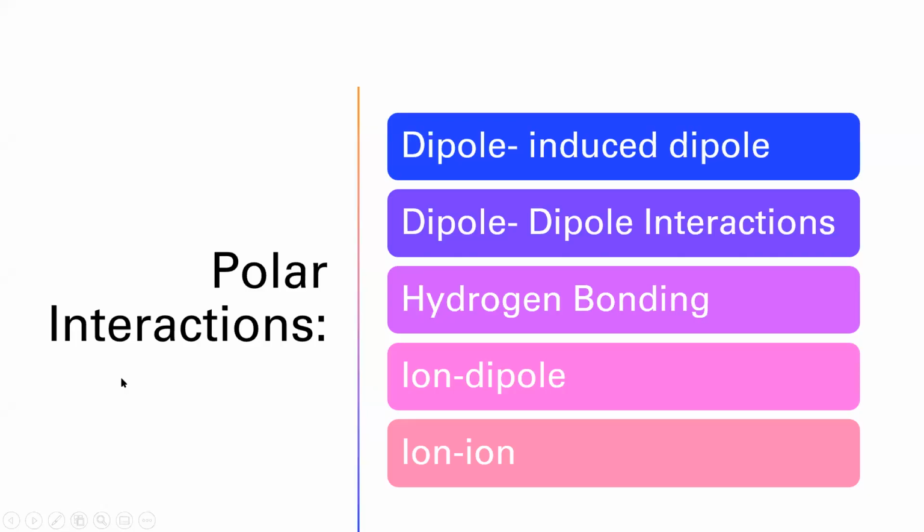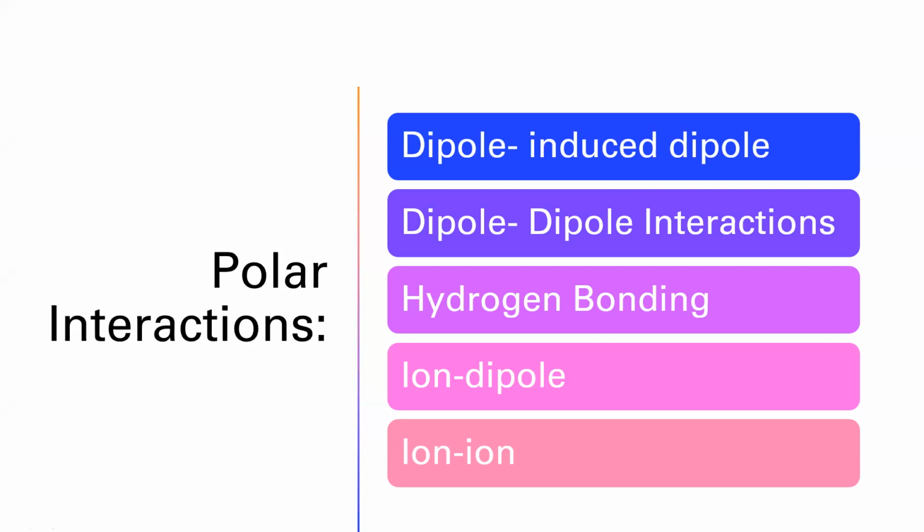Okay, and now we have the polar interactions. We have all of these intermolecular forces, but within them we have these polar interactions, and the polar ones are pretty much everything that's not a London dispersion force.